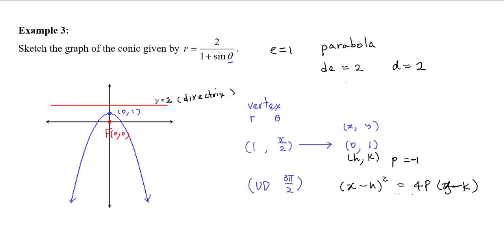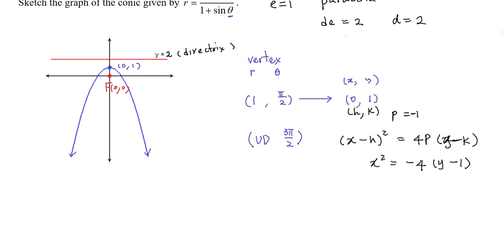Now h equals 0, so I have x squared equals 4p. p is negative 1 because it opens downward: the vertex is 0, 1 and the focus is 0, 0, so the distance from vertex to focus is 1, but since it opens downward, p has to be negative. So it's negative 4 times (y minus k), and k is 1, so y minus 1. And so this is the equation of this parabola with the directrix at y equals 2.